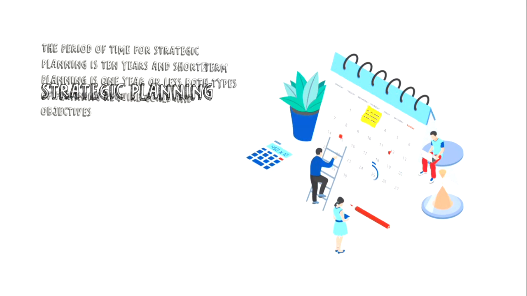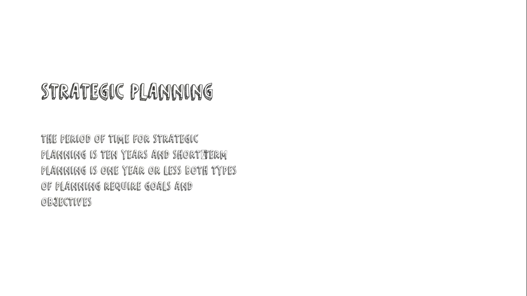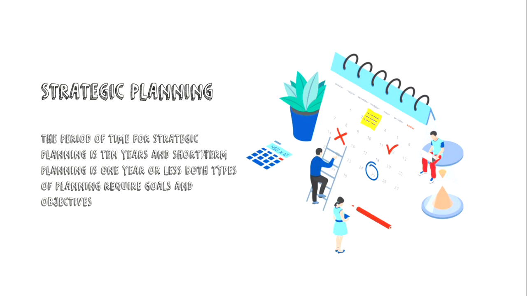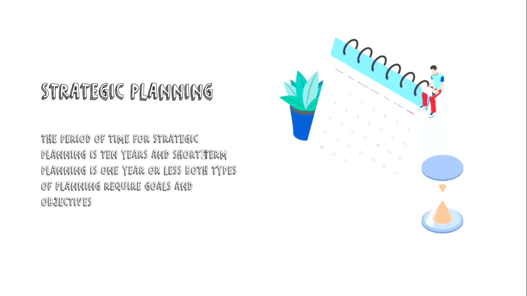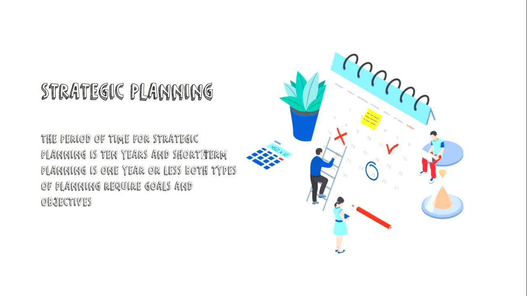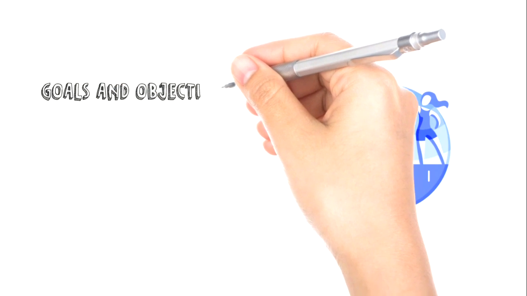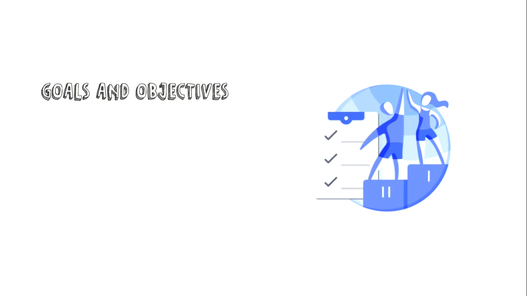Strategic planning. The period of time for strategic planning is 10 years and short-term planning is 1 year or less. Both types of planning require goals and objectives. What are goals and objectives?